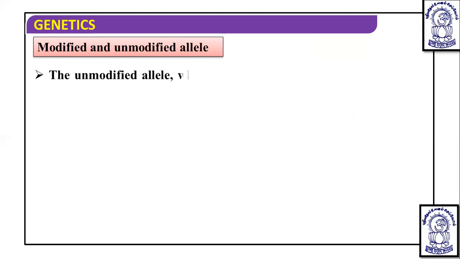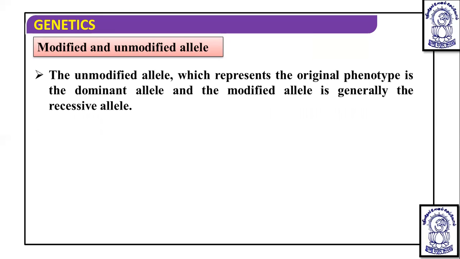So what are the modified and unmodified alleles that we have to understand? The unmodified allele represents the original phenotype, which is not changed, which is as original as it was found in the initial plants or initial organism.